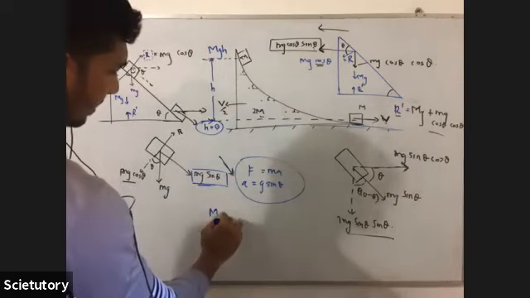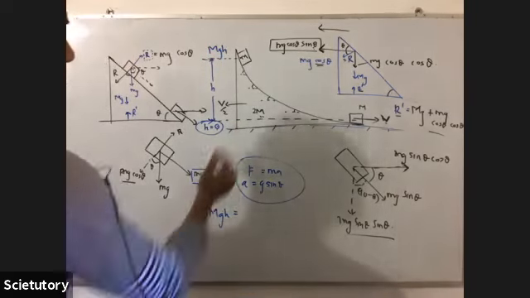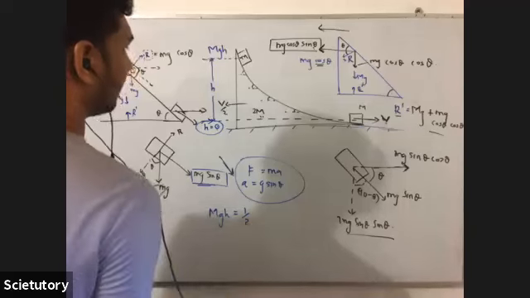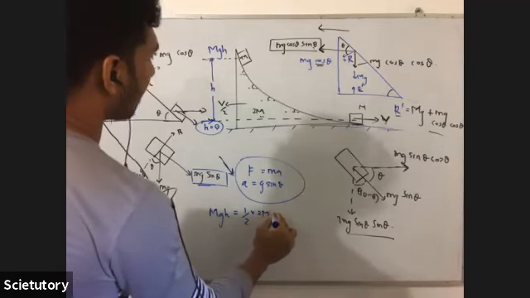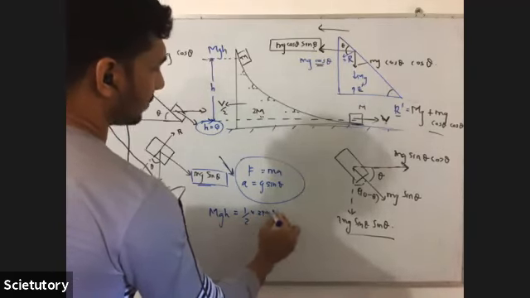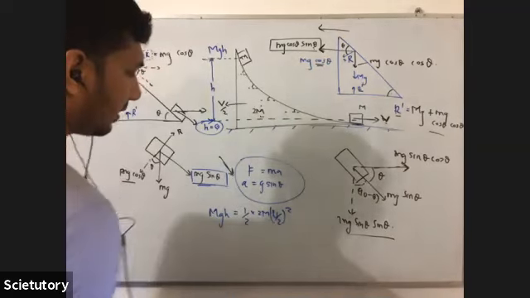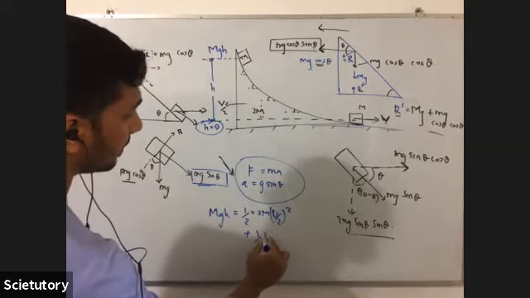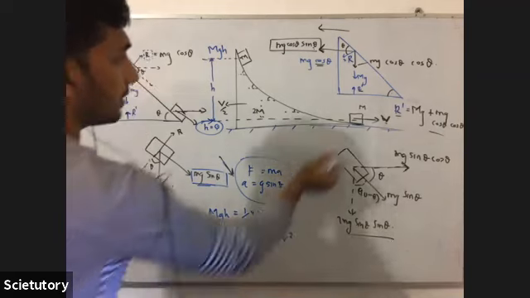So mgh is equal to the sum of the two final kinetic energies: half 2m into v by 2 squared for this plane, plus half m v squared for this block.